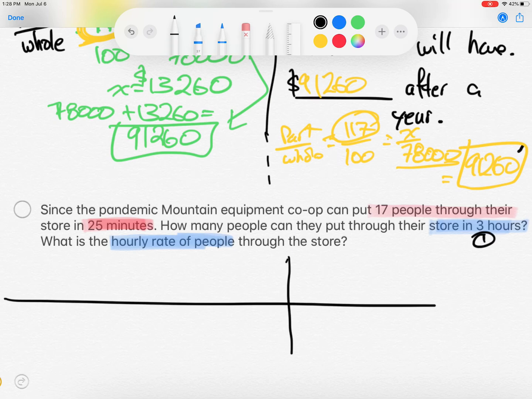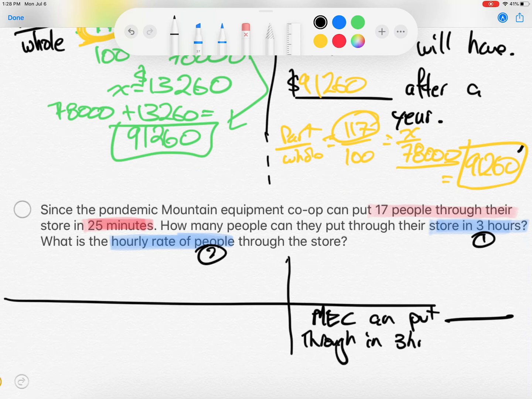So first one is number of, MEC can put blank number of people through in 3 hours at a rate of blank people per hour.